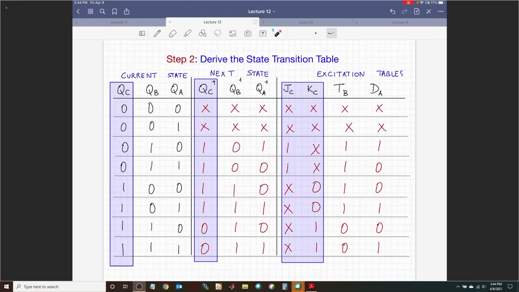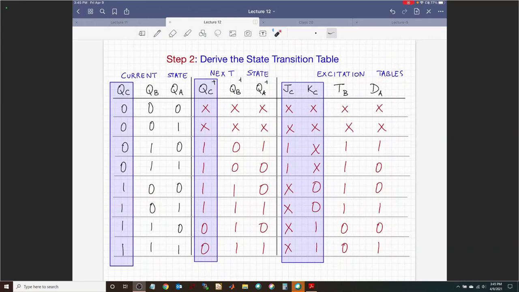All right, questions, you guys? Okay, what is coming up next? The next step is going to be to derive equations for the flip-flop inputs. So I'm going to have to find JC, KC, TB, DA.